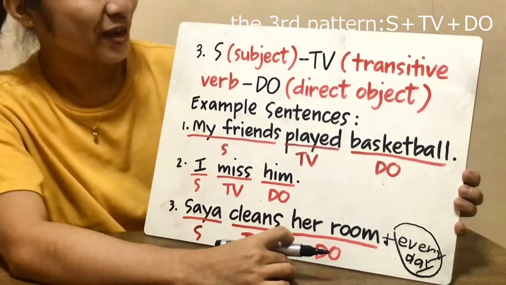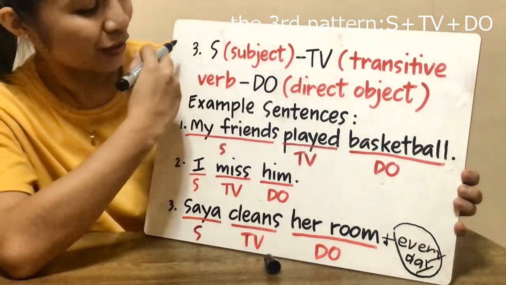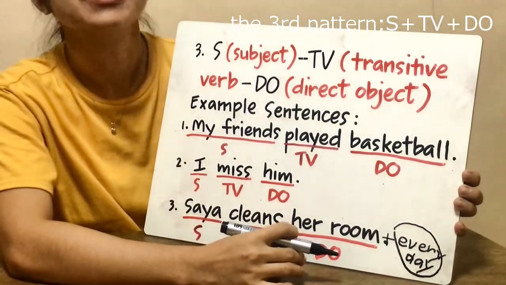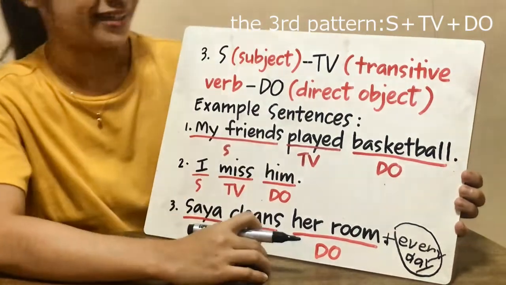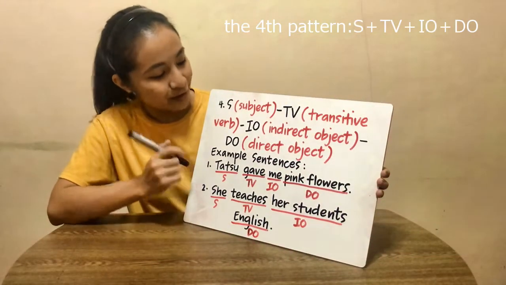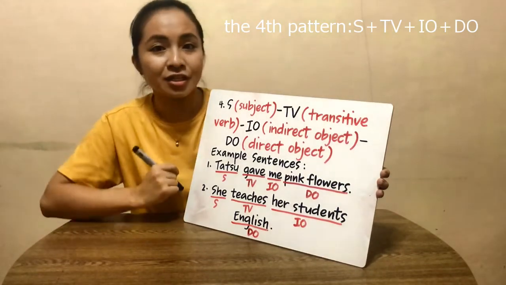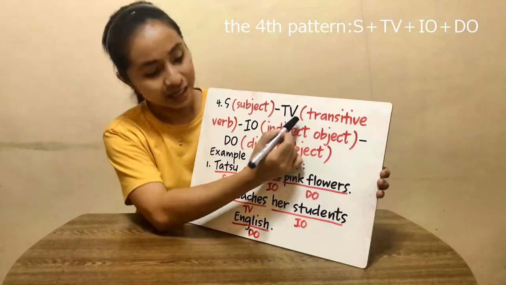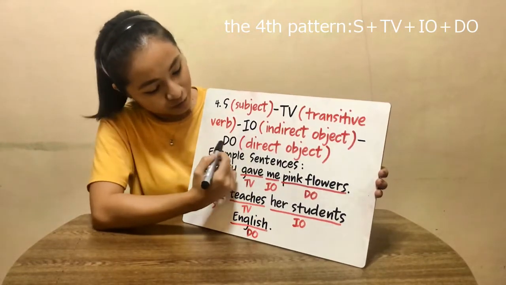Okay, now we finished the third pattern. We'll now go to the fourth one. Finally, fourth one! Okay, we have here the fourth pattern, which is S+TV+IO+DO.